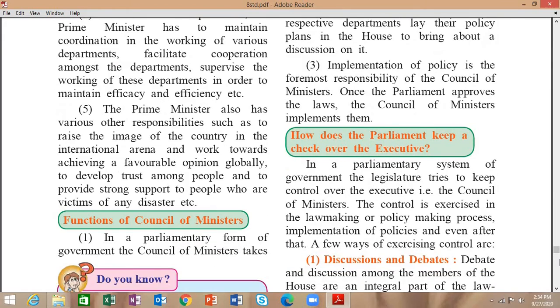Now, we may have a question in our mind. Do these executives work according to their whims and fancies? Are they going according to their own will? That question may arise in your mind.